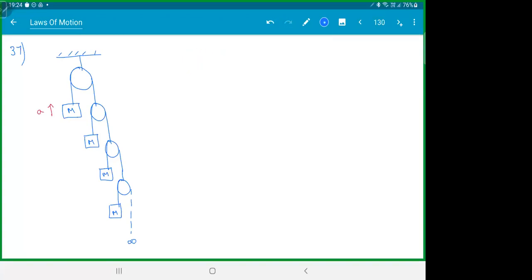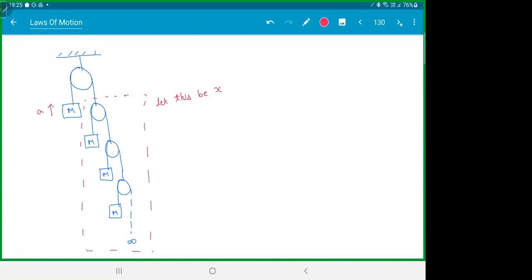So let this whole infinity thing be x. I don't know what that x is, but the whole thing is x. Okay.